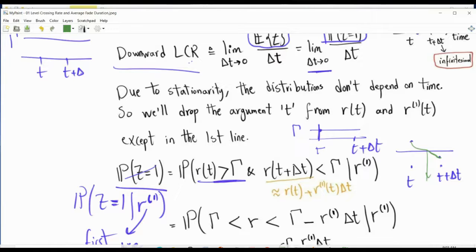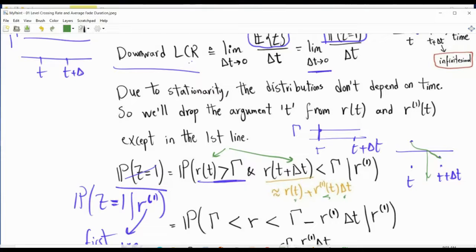You may say, okay, so what is this business of the first derivative? These two conditions are just written in terms of r of t. So the second order of business is to use Taylor approximation. If delta t is small enough and our function is nice, then r of t plus delta t is approximately r of t plus the first derivative multiplied by delta t.